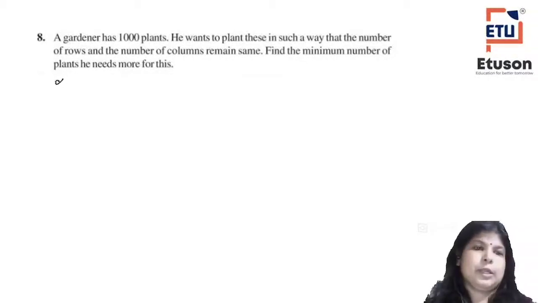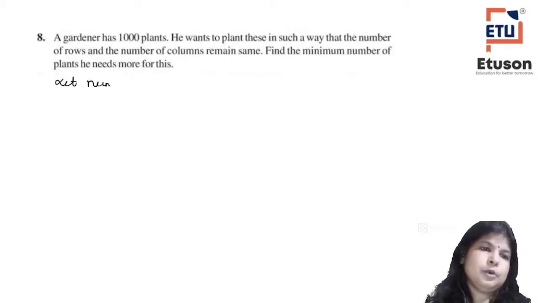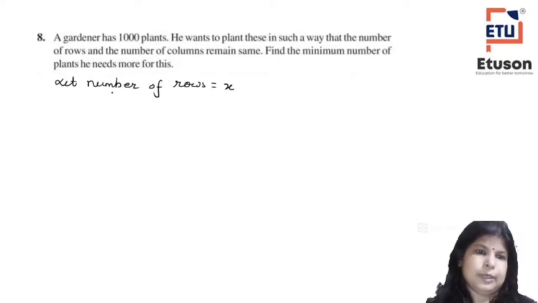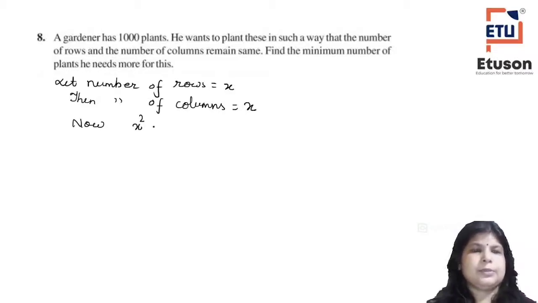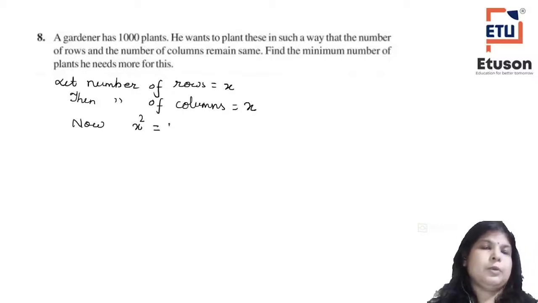Right? So let the number of rows be equal to x. Then the number of columns also will be equal to x. Now this x square should be equal to 1000.